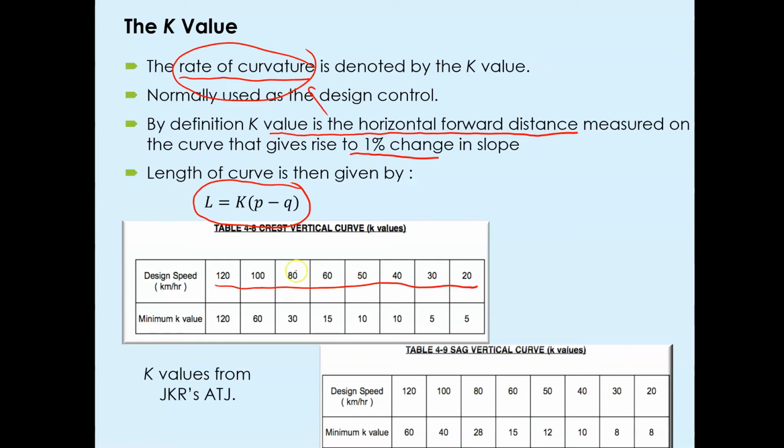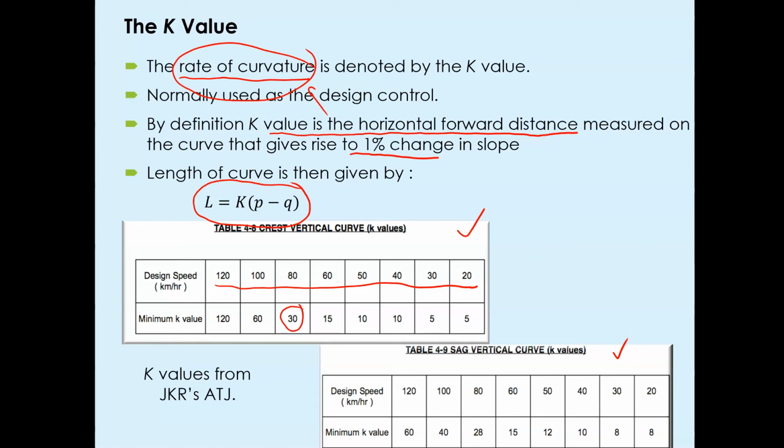So if you know your design speed, you can immediately find out what the minimum K is. These two tables, that one is for crest curve and that one is for sag curve.